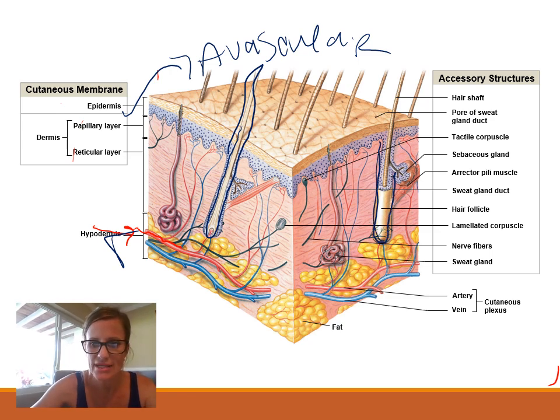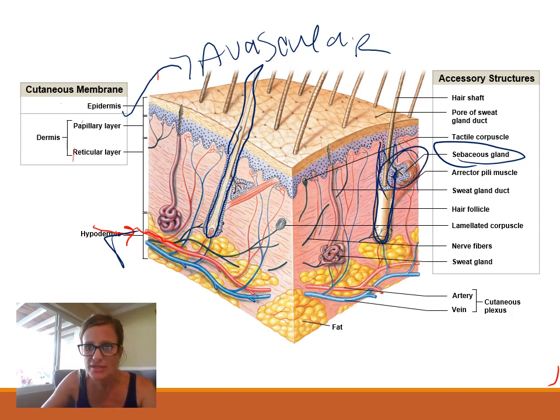This casing around the outside of the hair is the hair follicle. There are a bunch of different glands. So sebaceous glands, which you see right here, that's an oil gland. There are sweat glands, which you see right here, and they have these little tubes or ducts that open up on the surface of the skin, in a pore.